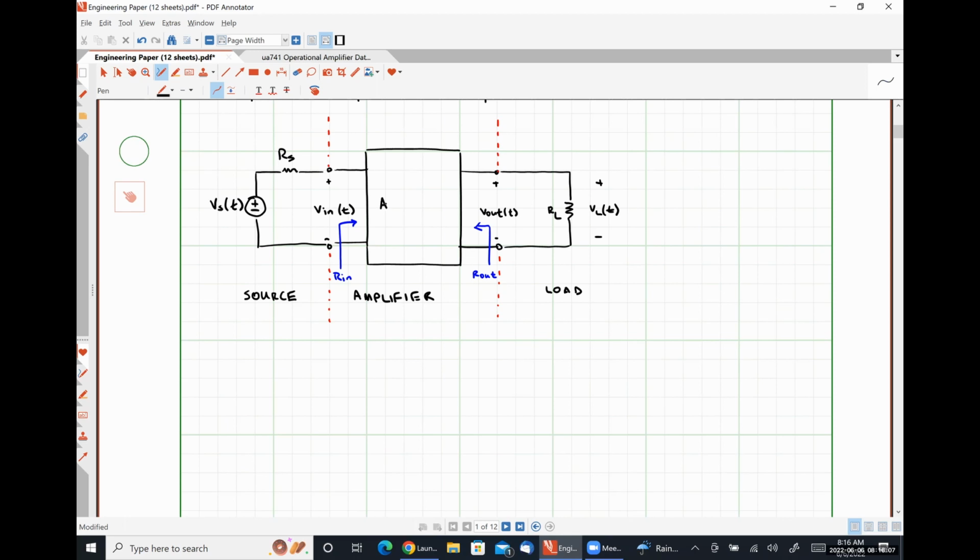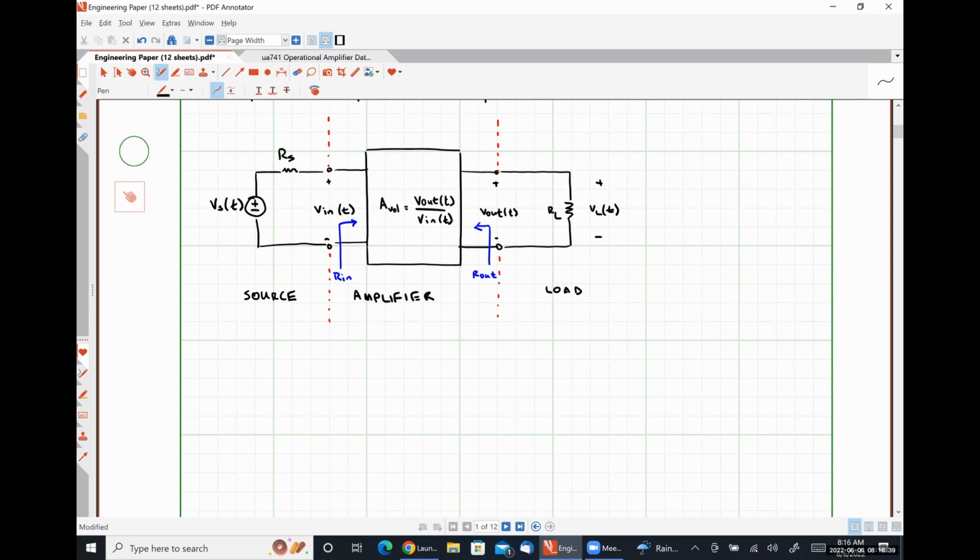I'm going to call this AVOL, where the V stands for voltage and OL is open loop. So this is the open loop voltage gain, simply defined as the ratio V out over V in of t.